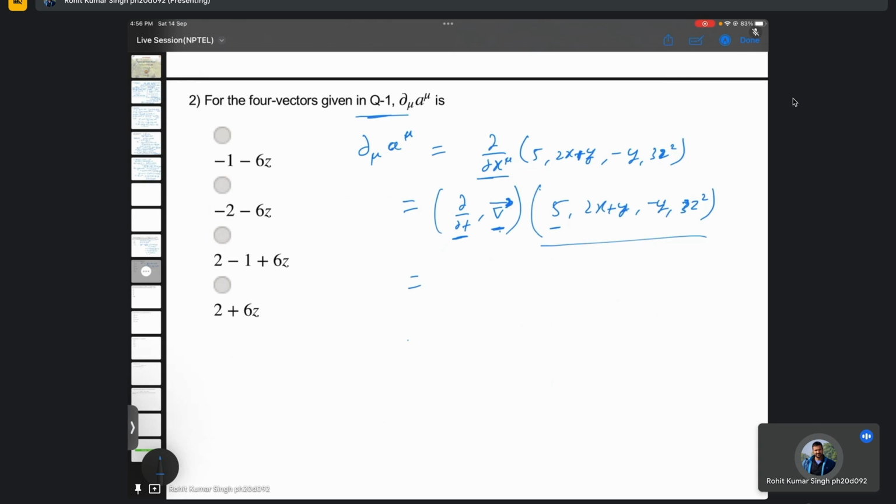On the second one, it will give you 2 plus 1, and then minus 1 plus 6z, right? So at the end you have 2 plus 6z. Right? This one is also very simple.